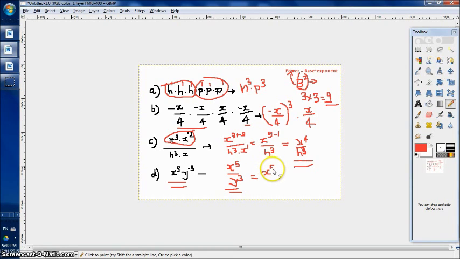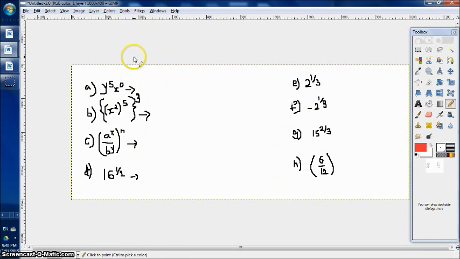So negative x over 4 all cube, times x over 4. So this is basically addition of exponents.